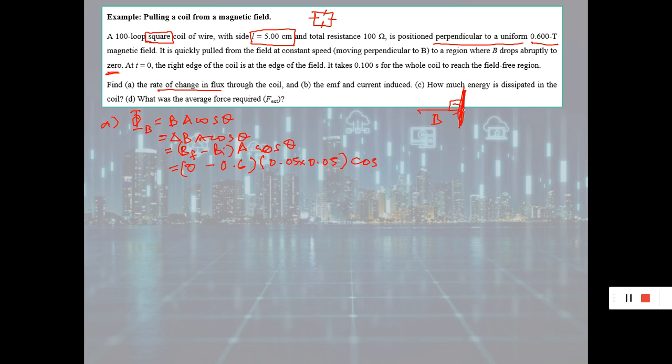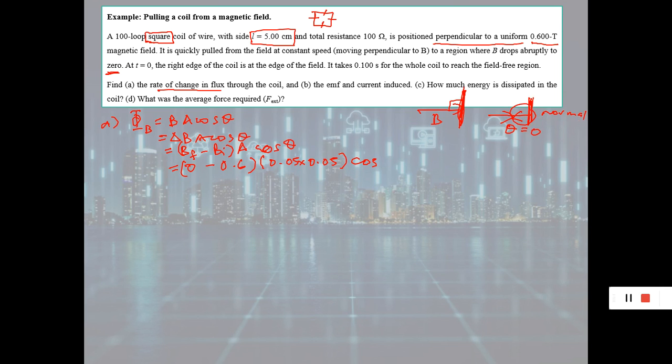The theta is the angle with the normal line of the surface area. So let's say this is the coil. You have the B here, which is 90 degrees to the coil, but the normal line is here. So the theta will become 0, because we consider the normal line.